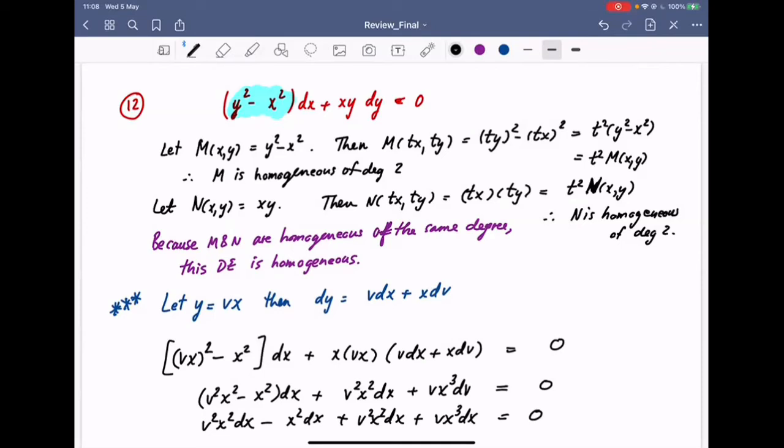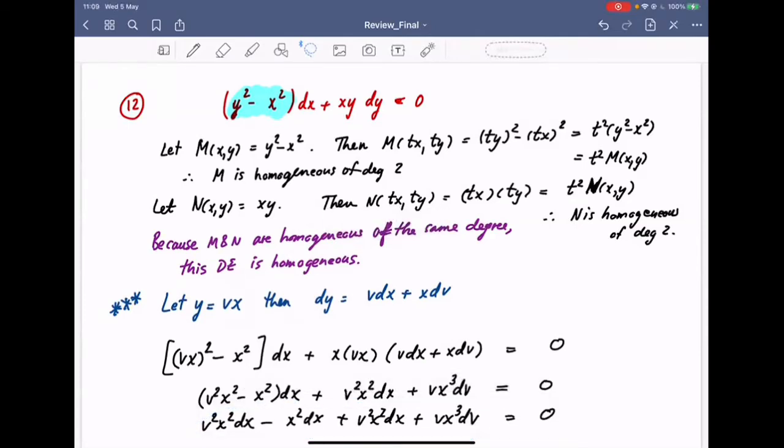But it seems like we still have hope, because we're going to move everything in terms of x to one side, and everything in terms of v to the other side, and hopefully that's going to be a good one to integrate.